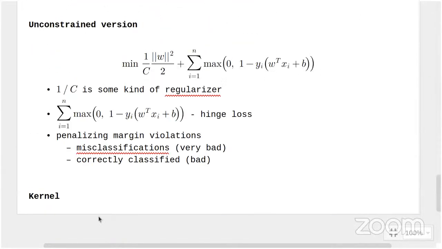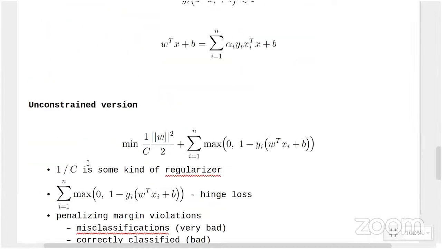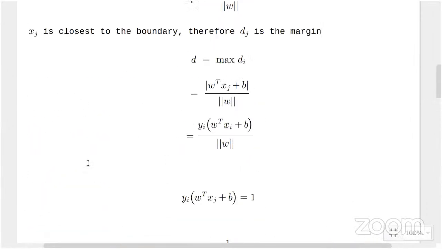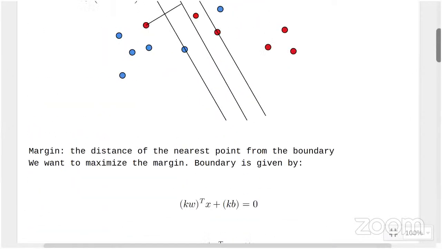Okay, so the whole kernel business: you must know why the kernel is useful. For that we need to go to the dual, but we don't have time for that.